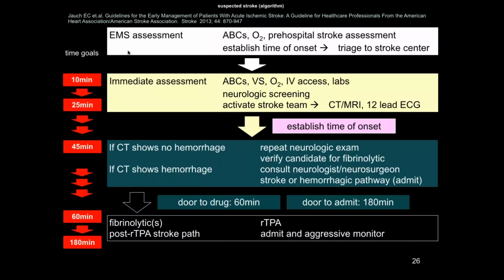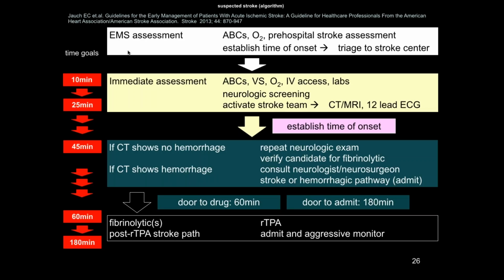When it comes to strokes, there's a few other facts you need to know. And I'm going to parse just one or two things out on this slide for you. The first one is the 60-minute mark. That is door to drug. So if you ever get a question, or you're working with cardiac patients or stroke patients particularly, you need to know that from the time they're carted into the ER, they have to go through all the CT and everything else, because they need drugs within 60 minutes.